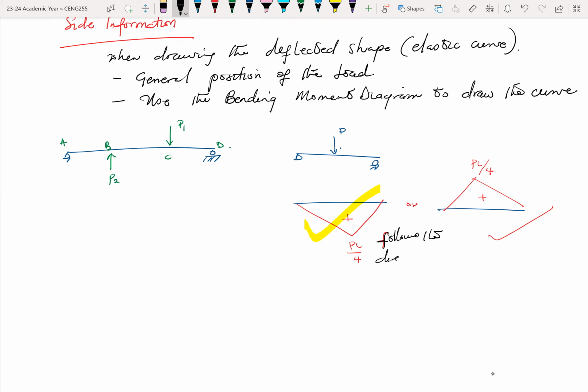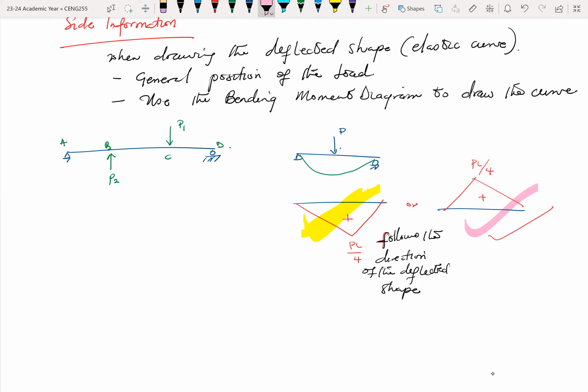Looking at the deflected shape for this particular beam, it's deflecting downwards, right? So that's the reason you'll find that some books go with this approach, because they are both in the same direction. But that's fine. The one on the right also works, so it's good.